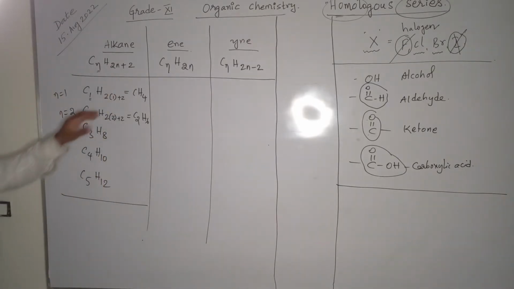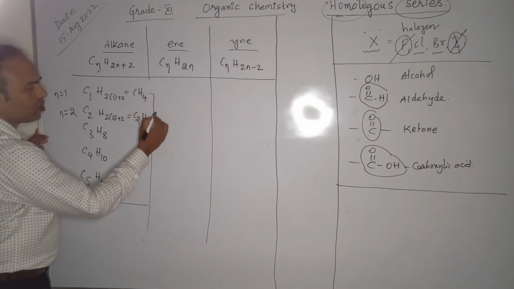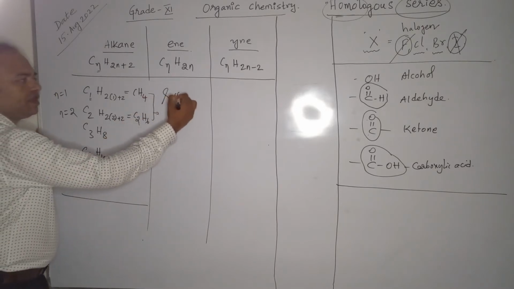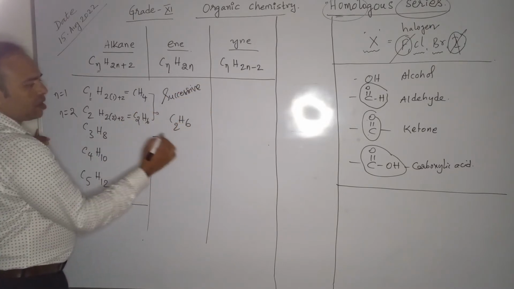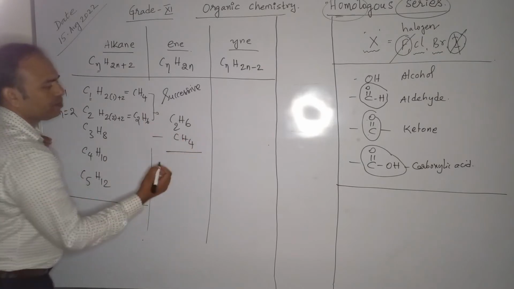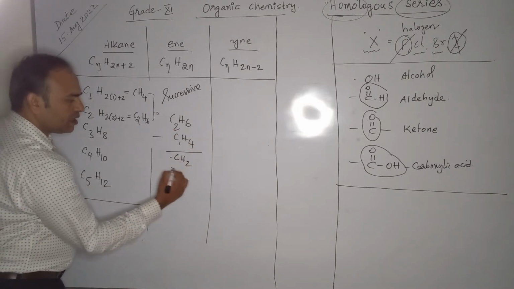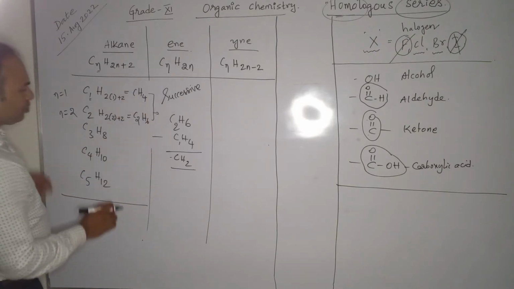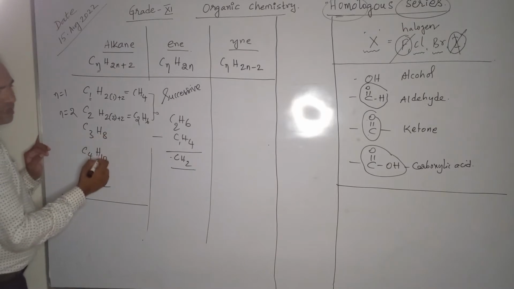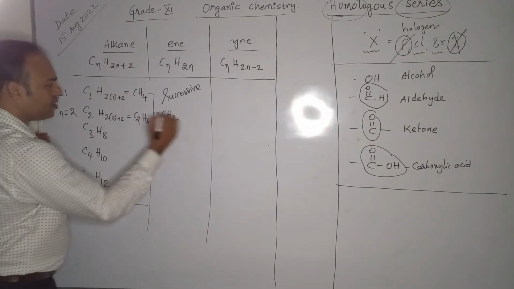Next, what is the difference between two successive members? Let me write the difference between these two members. C2H6 minus CH4. So 2 minus 1 is 1, 6 minus 4 is 2. That means the difference between the successive members here is a methylene group, CH2. Same way, next two: the difference is CH2.